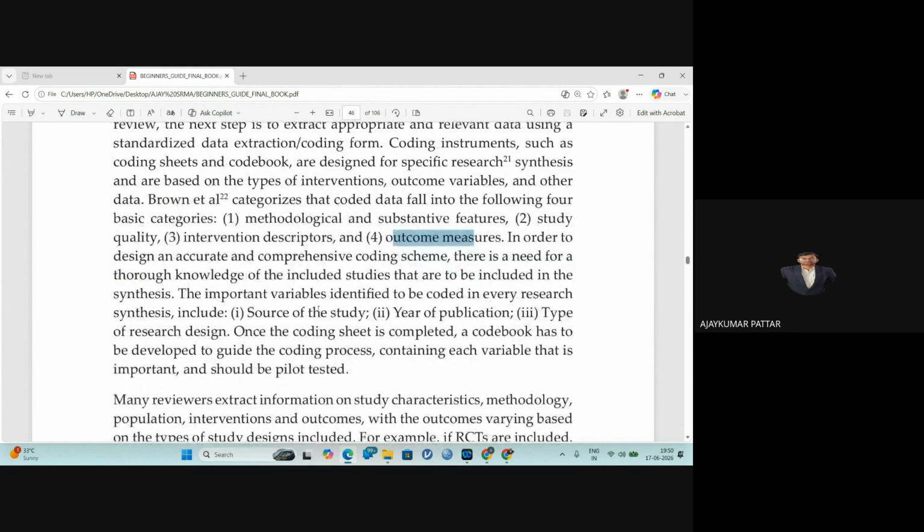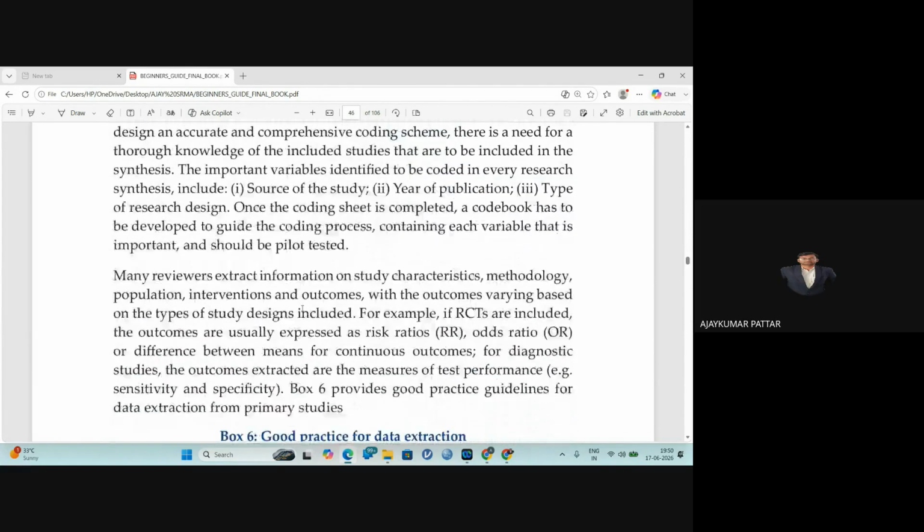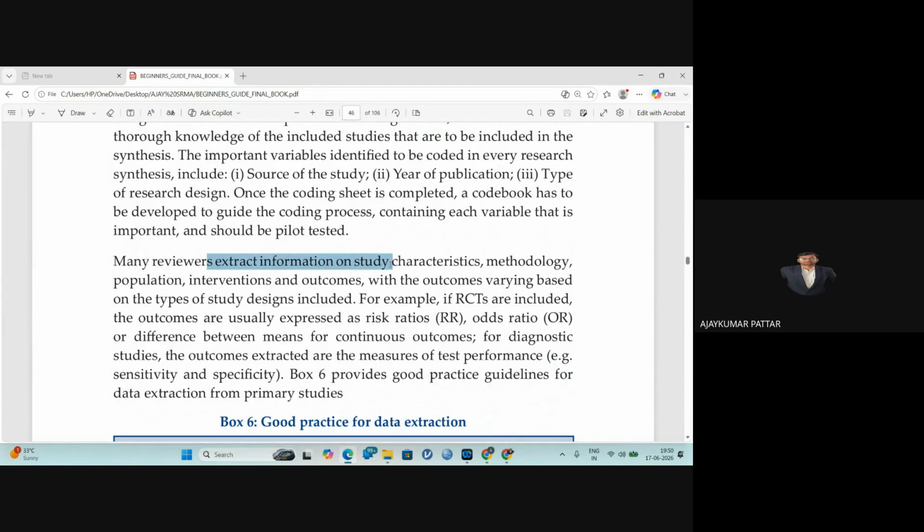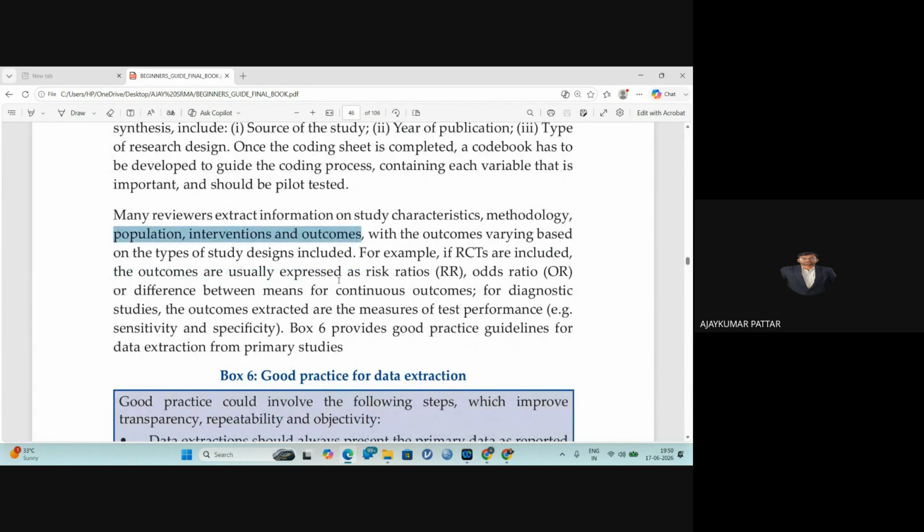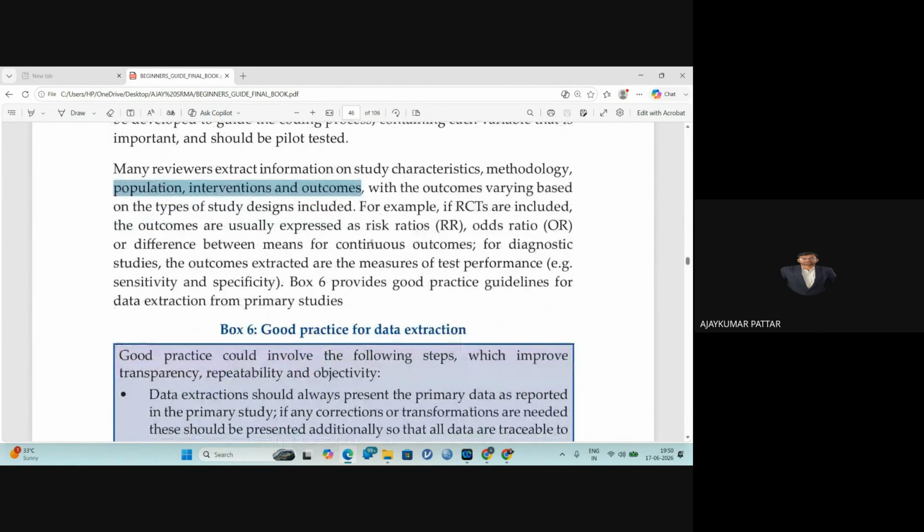According to this, we will extract the information from the study related to characteristics, methodology, population, intervention, and outcomes. That will help us later for qualitative synthesis, and we will also see whether a meta-analysis is possible with the outcomes. That's why the data extraction is done.